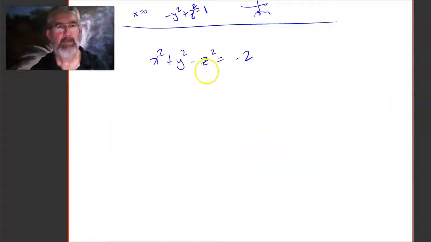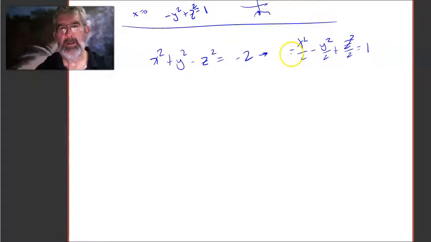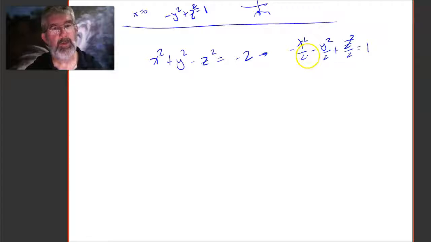So in this animation, the very first frame has the equation x squared plus y squared minus z squared equals -2. Now, in order to see what that's supposed to be, I need to divide both sides by -2. So I'm looking at minus x squared over 2 minus y squared over 2 plus z squared over 2 equals 1. So there's two negative signs in this, and this is a hyperboloid of two sheets.